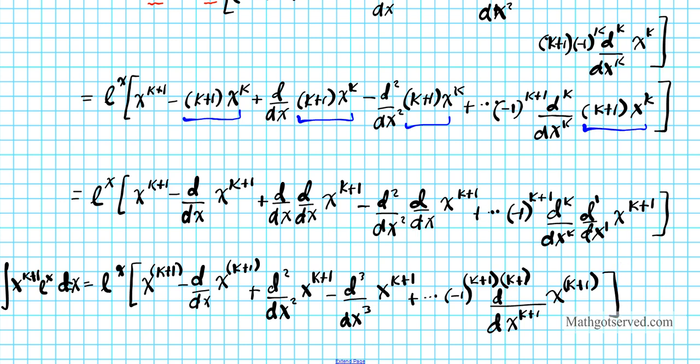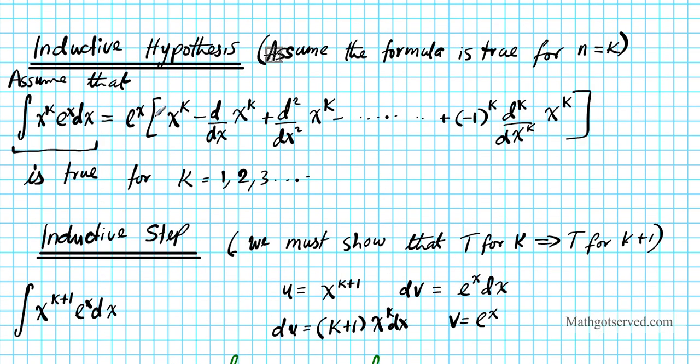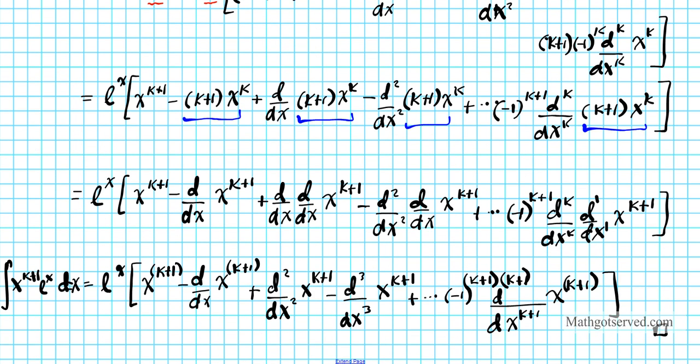Bam. We're done. Okay? So we've been able to show by induction that when I replace my inductive step, you see this inductive step, when I replace all these k's, the k on the left side with k plus 1, I was able to have a k plus 1 replacement on my right side. You notice how all the k's became k plus 1 on my right side right here. So that actually shows that we're done.